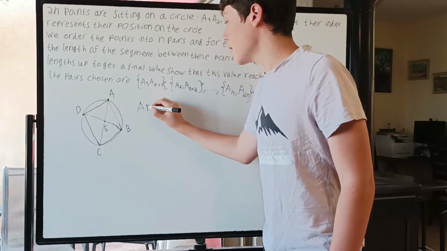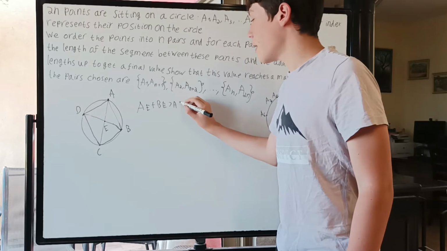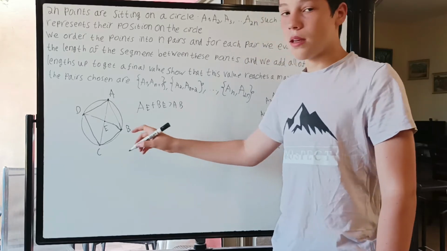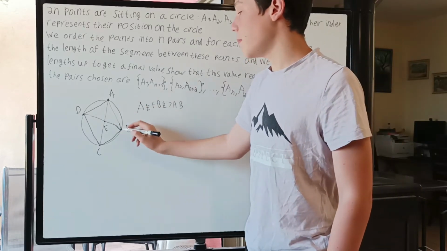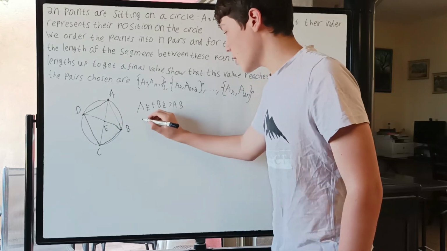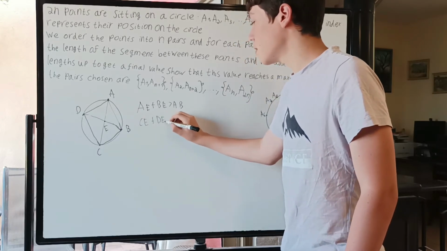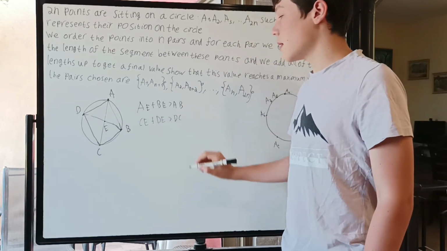So AE plus BE is bigger than AB, on triangle ABE, and on triangle DCE we have something similar: CE plus DE is bigger than DC.